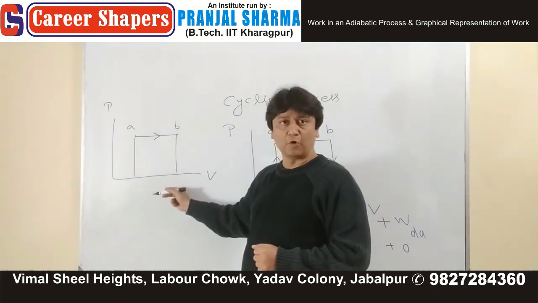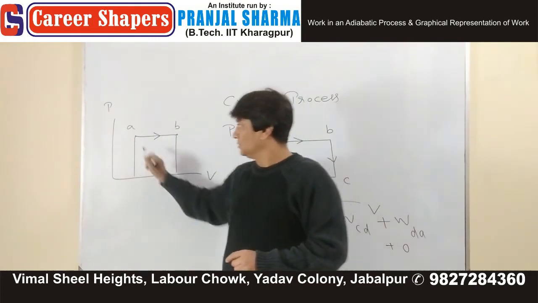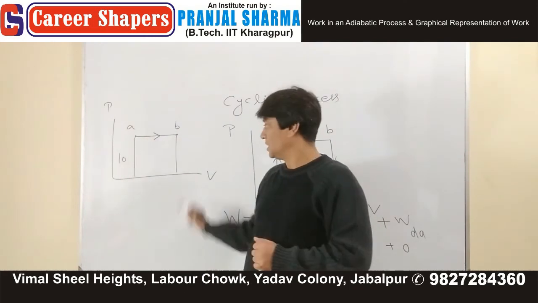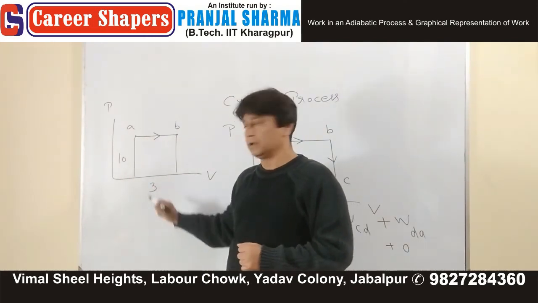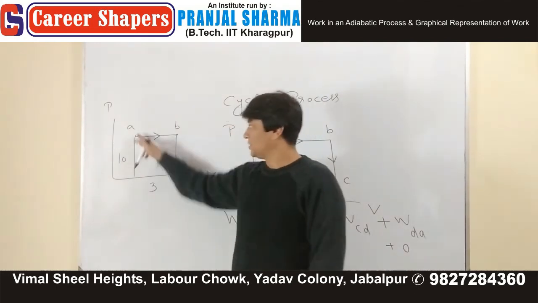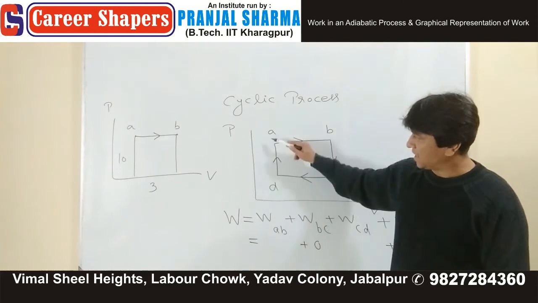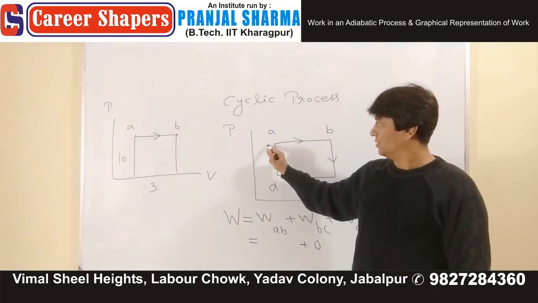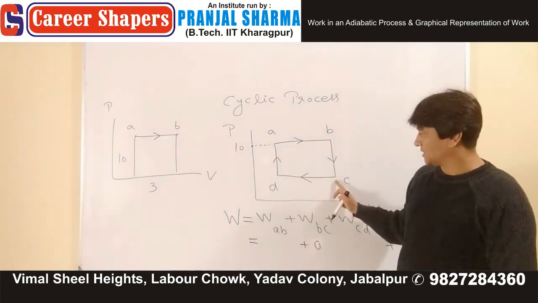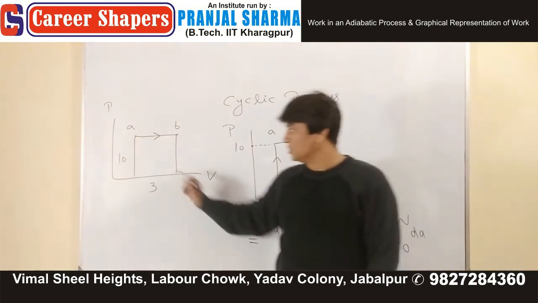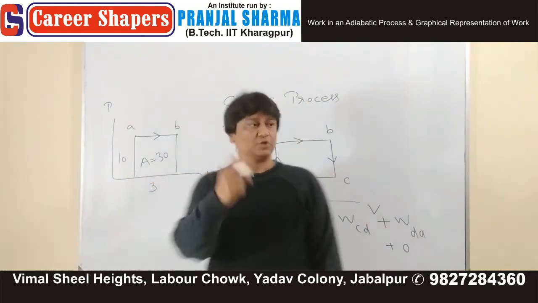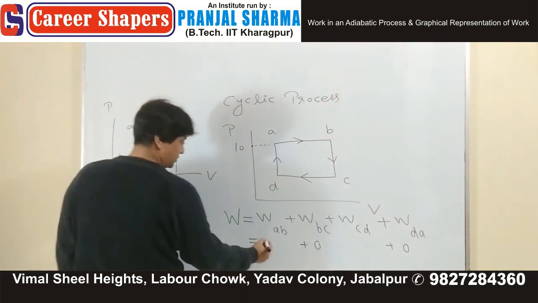Area between graph and volume axis. Suppose the height is 10. The whole thing is 10. Base 3. Let's do this a bit faster, it's an easy thing. The complete height is 10. And the volume difference from here to here is 3. What is the area? This area is what? 30. What is work done? AB 30.